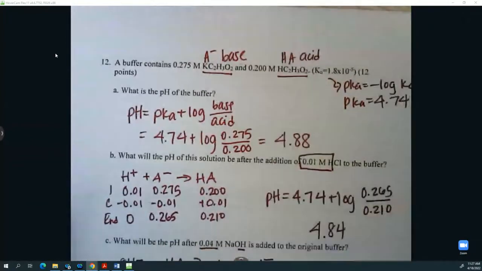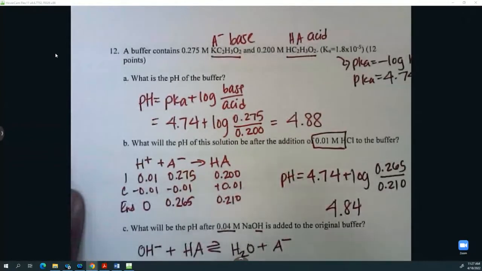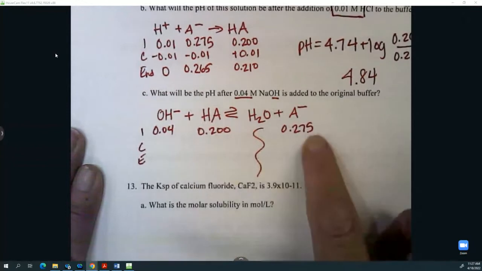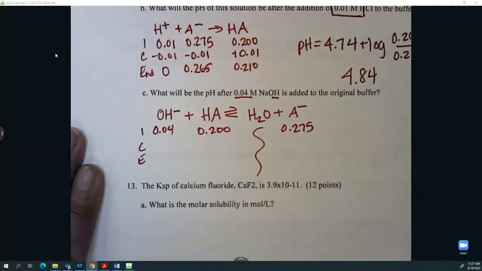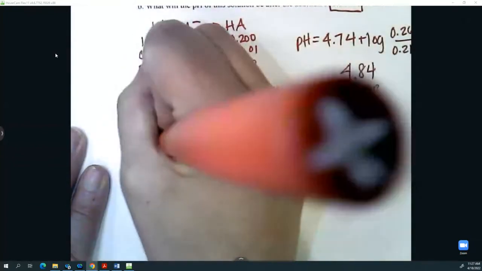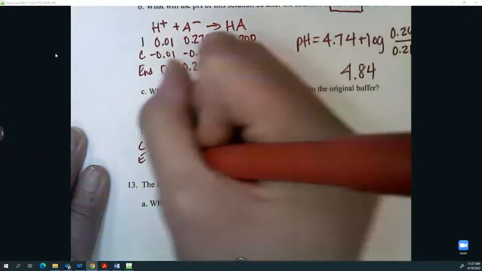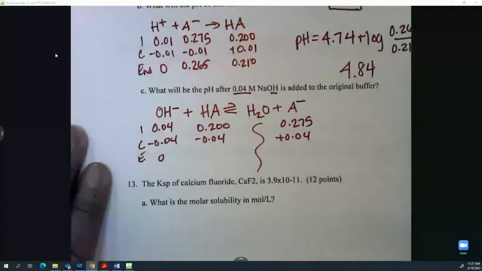And then I'm back to these numbers here. So 0.2 for the whole acid, and then 0.275 for the base. All right.